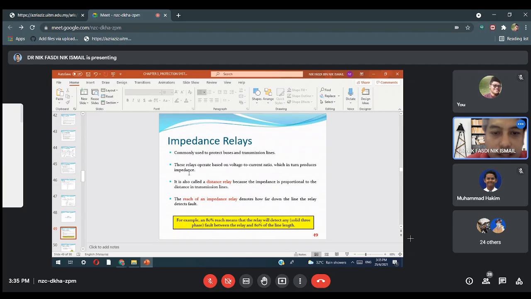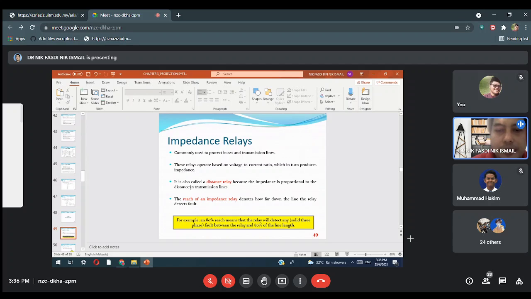It is also called a distance relay because the impedance is proportional to the distance in the transmission line. When we talk about distance, we know the transmission line has a length of so many km, right? So it is based on the length of the transmission line.